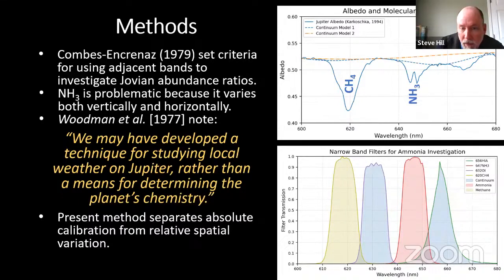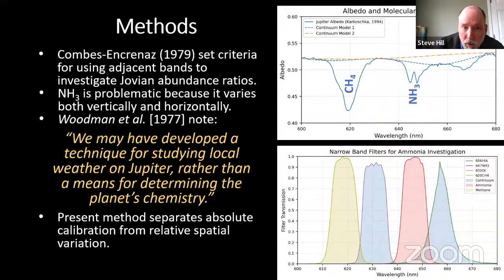The orange represents really closer to the true continuum of Jupiter if there were no absorbing gases. But the blue dotted line is the more practical one that allows you to extract the ammonia absorption, because that band of methane at 668 does extend down and overlaps a little bit with the red end of the ammonia band. So you have to be careful with that, and that's where there could be some potential errors.